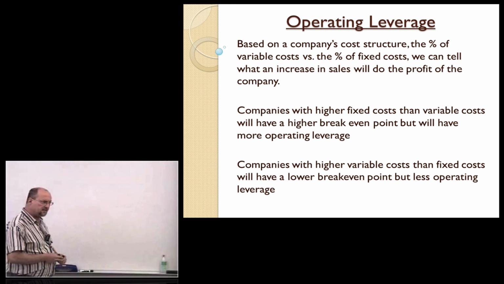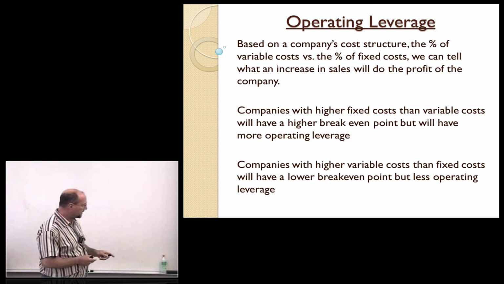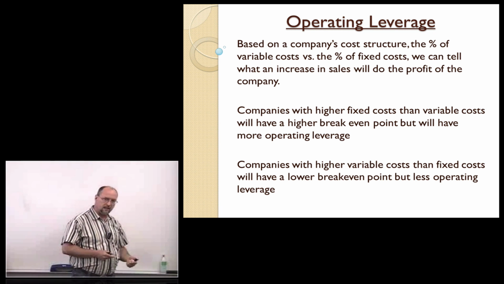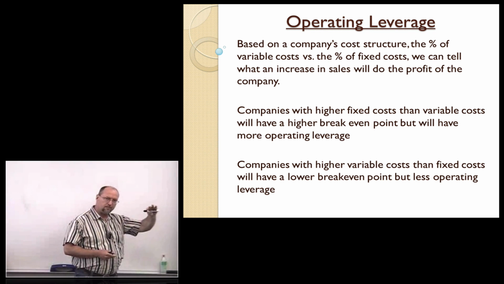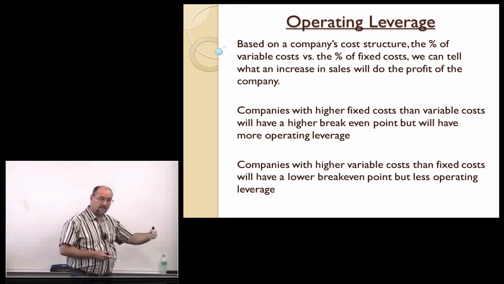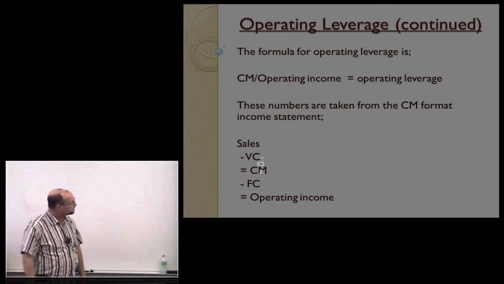And what that means is, as sales increase, your profit increases by a greater degree. And we'll see this momentarily. Companies with higher variable costs and lower fixed costs have a lower break-even point, but they have less operating leverage, so as their revenue increases, their profitability will increase, but not as much in percentage terms as a company with high operating leverage. Let's see it in action.